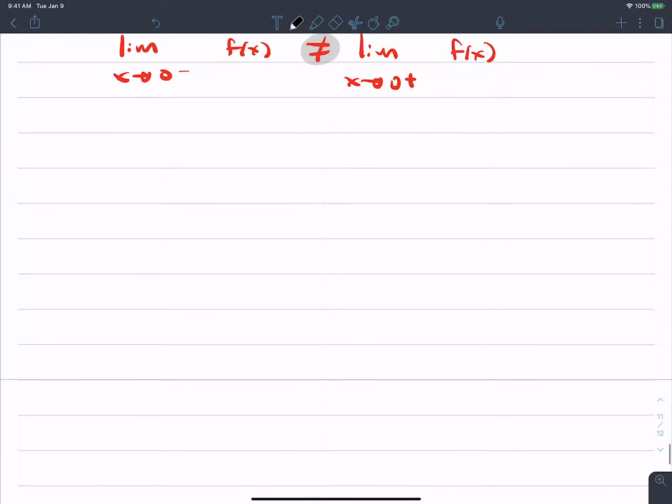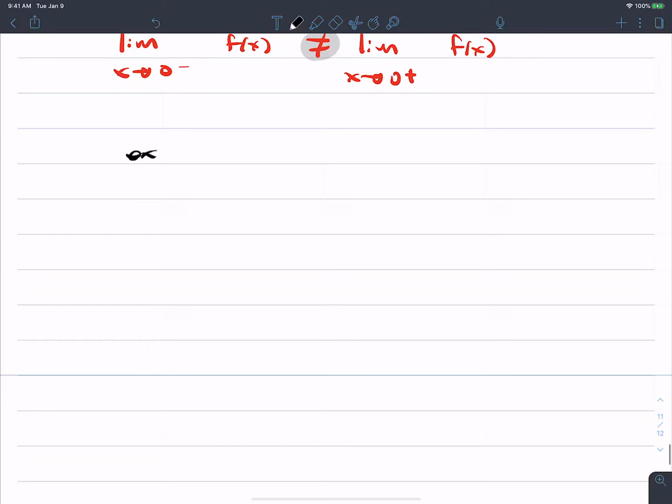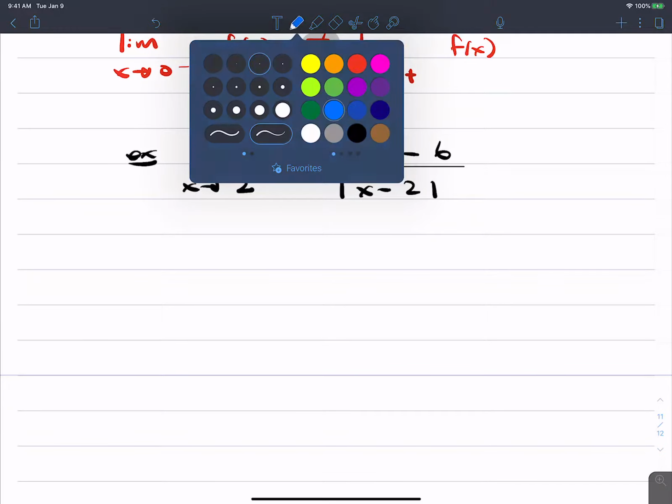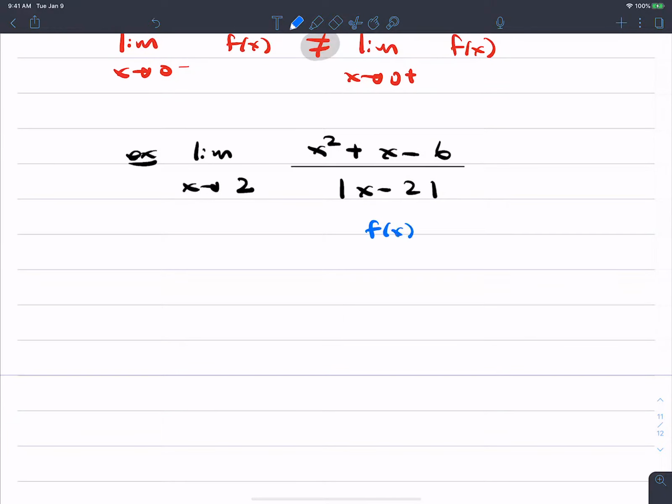And I'm going to give you another interesting example. The last example. The limit as x goes to 2 of x squared plus x minus 6 over the absolute value of x minus 2. Now, again, you say, is this my function?